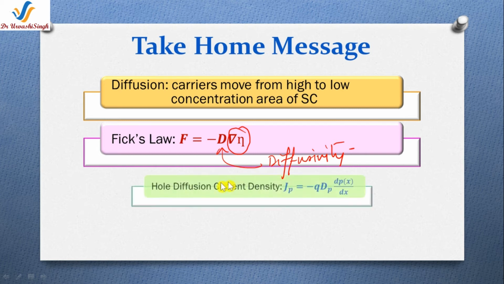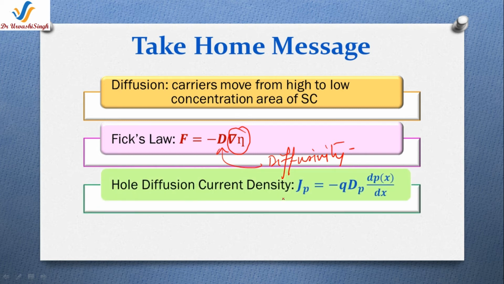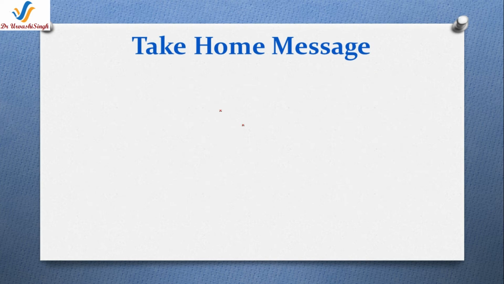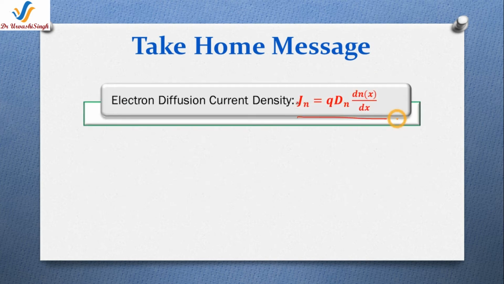And from this, the hole diffusion current density is given by this equation, where you can see that current density is also proportional to the concentration gradient, where p(x) is the concentration profile at point x. Similarly, for the electrons, the diffusion current density is given by this equation, and here the sign of the current density is reversed, because if electrons are moving in the positive x direction, then its current will be in reverse.